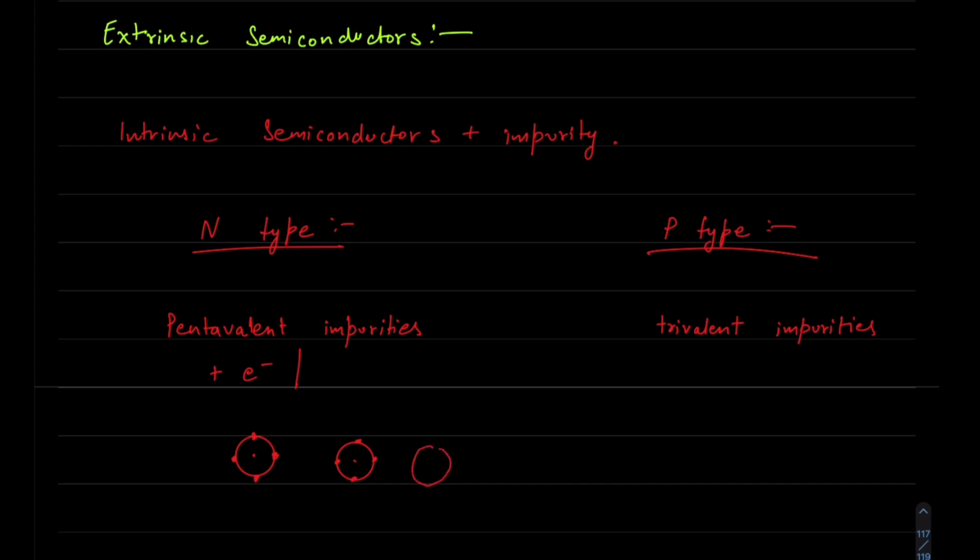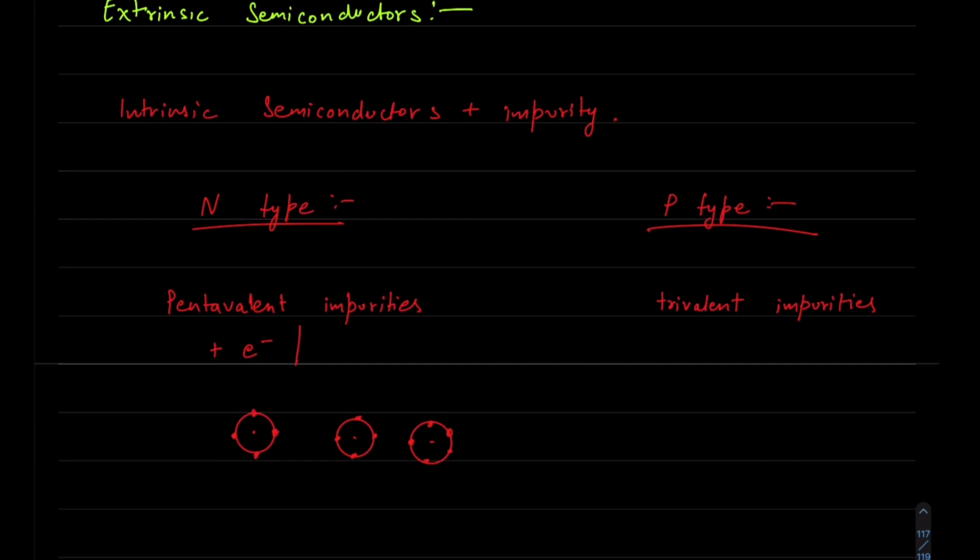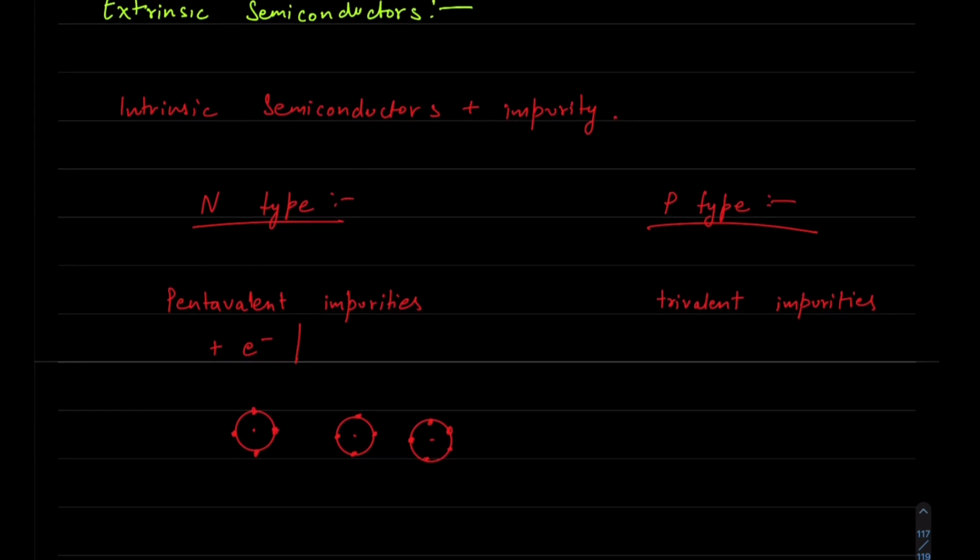Then we have a pentavalent atom with 5 electrons, and so on. Just imagine this continuing on. Now we can see in this whole material there will be an excess of electrons. Here's the extra 1 electron.